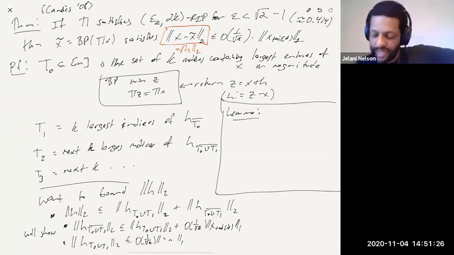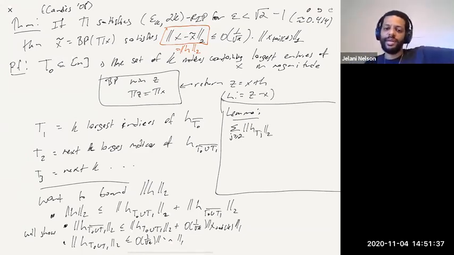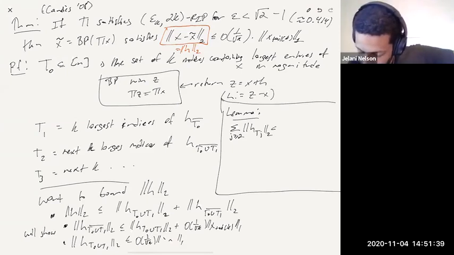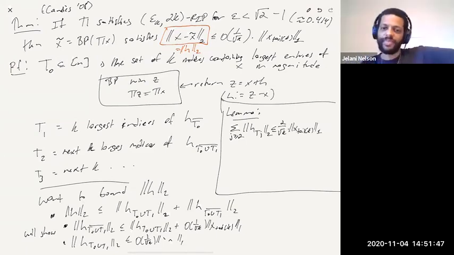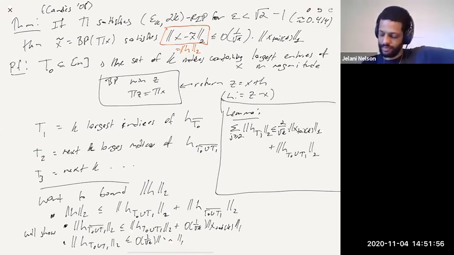The lemma says that if you look at the sum over j greater than or equal to 2 of the norm of H sub Tj, this is at most 2 over root k times the L1 norm of x tail k, plus the norm of H sub T0 union T1.